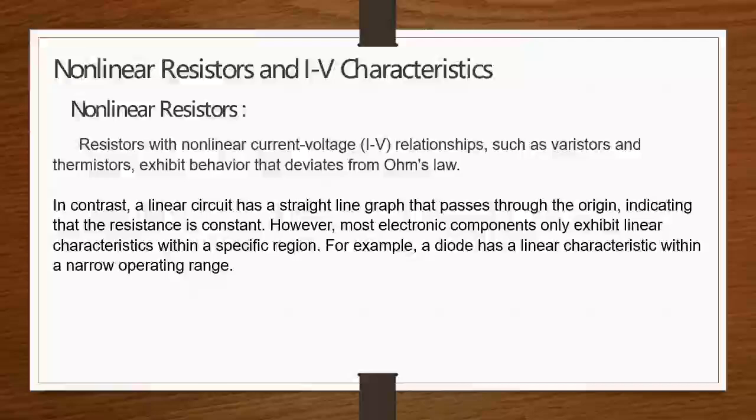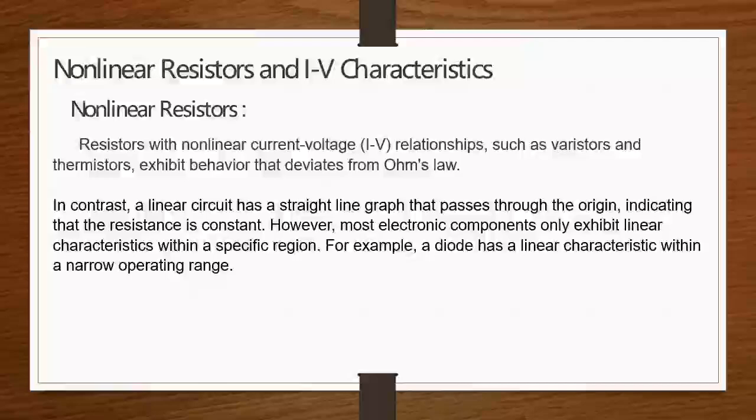Now, coming to nonlinear resistors and voltage and current characteristics. Resistors with a nonlinear voltage and current relationship, such as varistors and thermistors, exhibit behavior that deviates from Ohm's law, where voltage is equal to current times resistance.